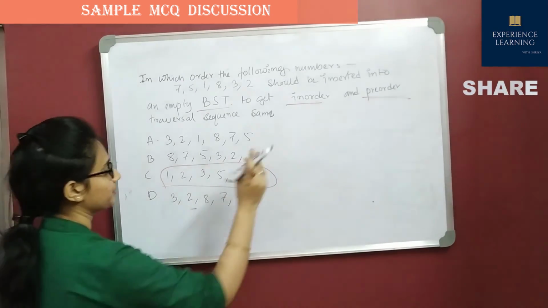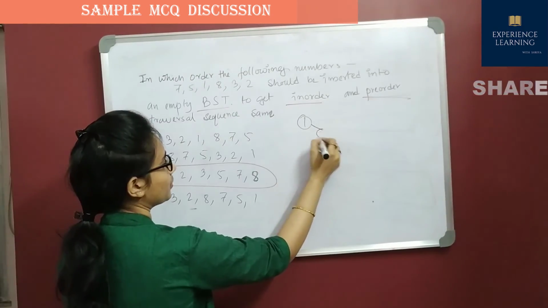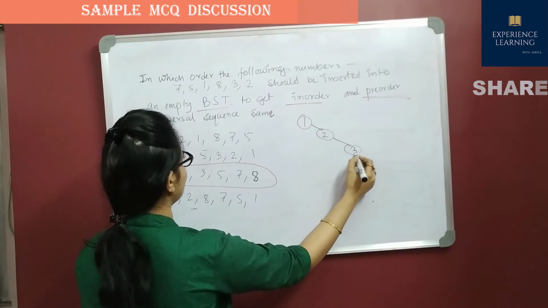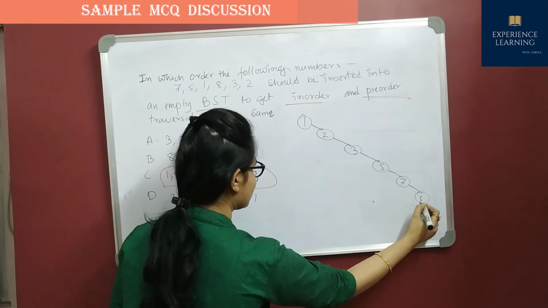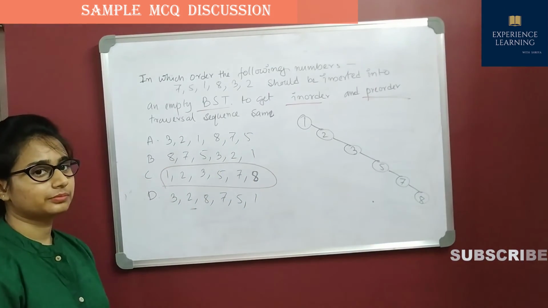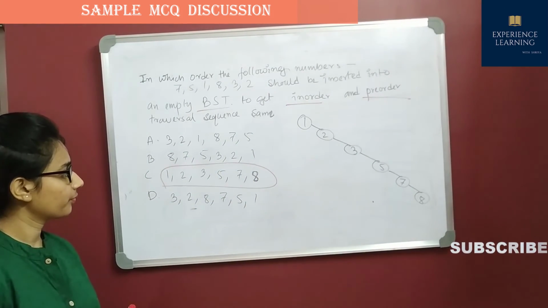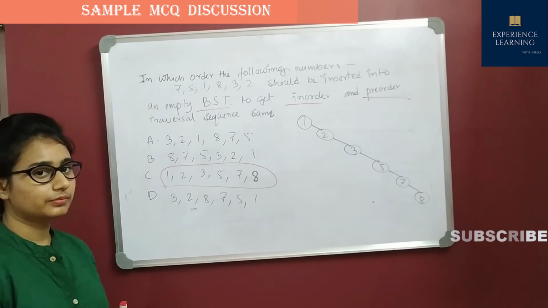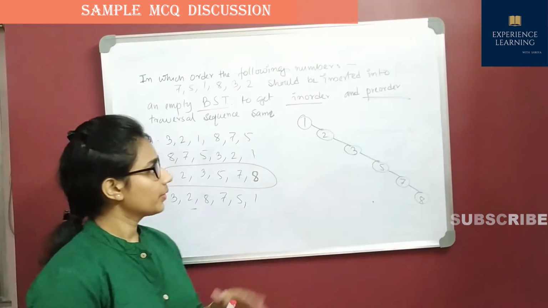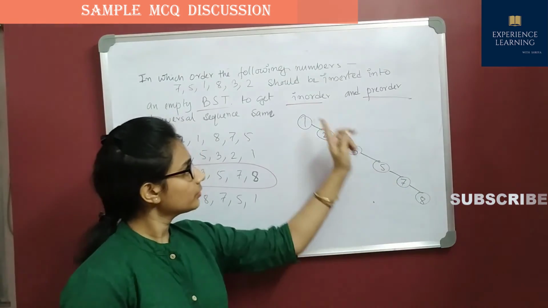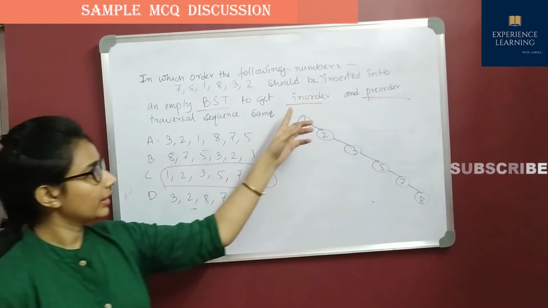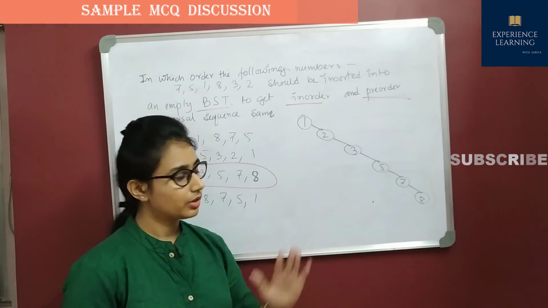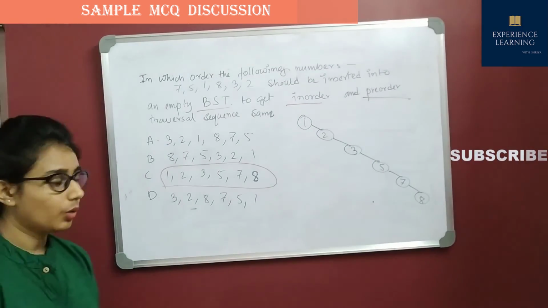And if I insert it, 1, 2, 3, 5, 7, 8. Now you can see that this is option C, where you are getting the in-order and pre-order traversal as same.